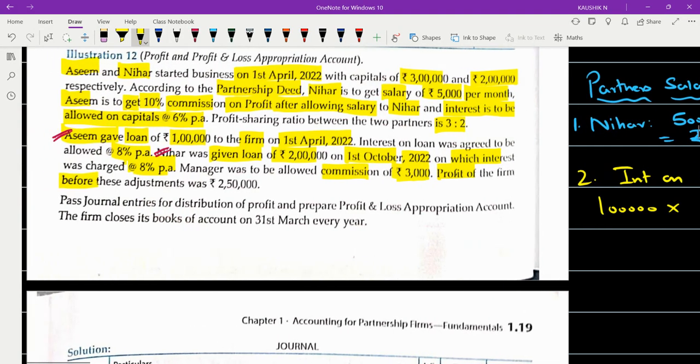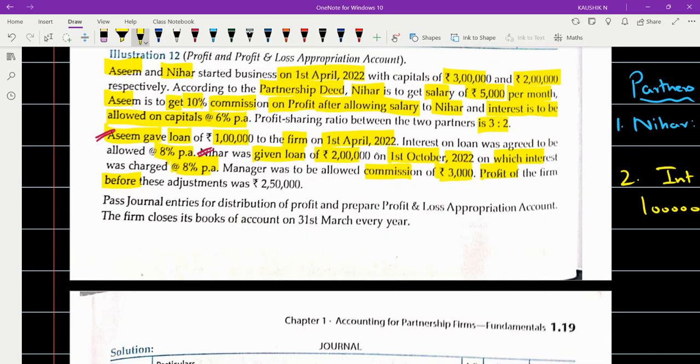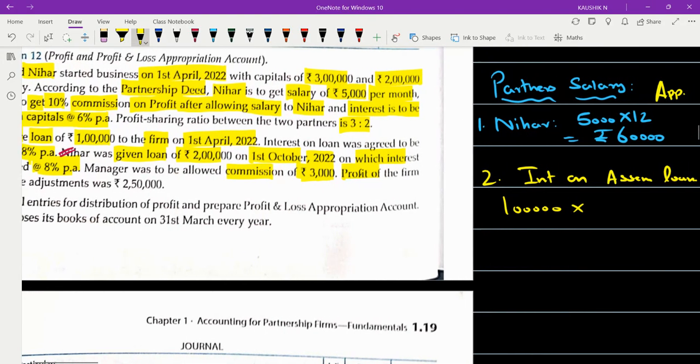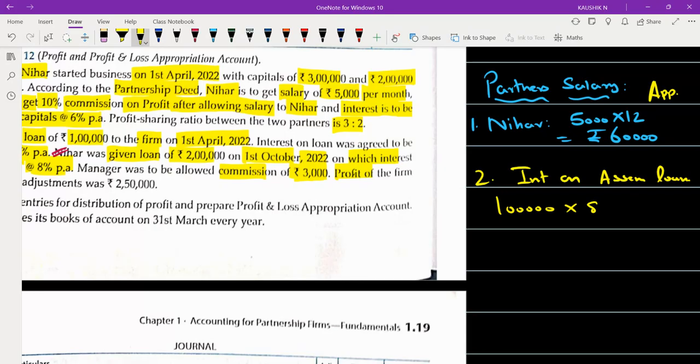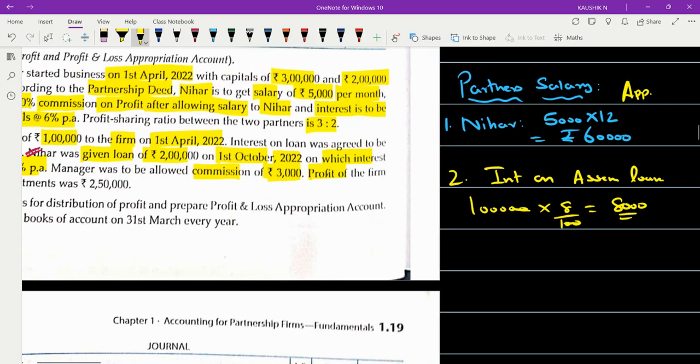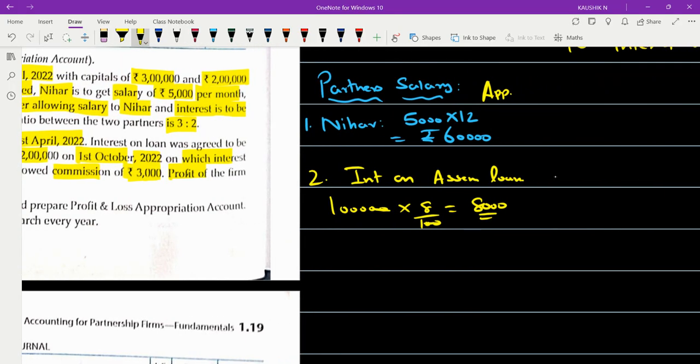When he gave the loan in the beginning of the year, so we gave loan on 1st of April, so for the full year you are going to calculate it. And what is the interest rate? 8 percentage. So 1 lakh into 8 by 100, cancelling the two common zeros, you will be having 8,000. So interest on Asim's loan, rupees 8,000.